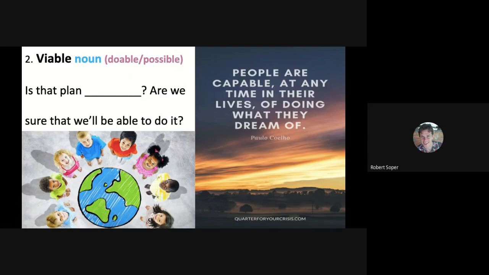Are some things doable that we haven't done before? Yes, they are. So right now, for example, we are trying to send people further into space than they've ever gone before. We are trying to send people to Mars. And even though we've never done it before, scientists think this might be a viable plan.